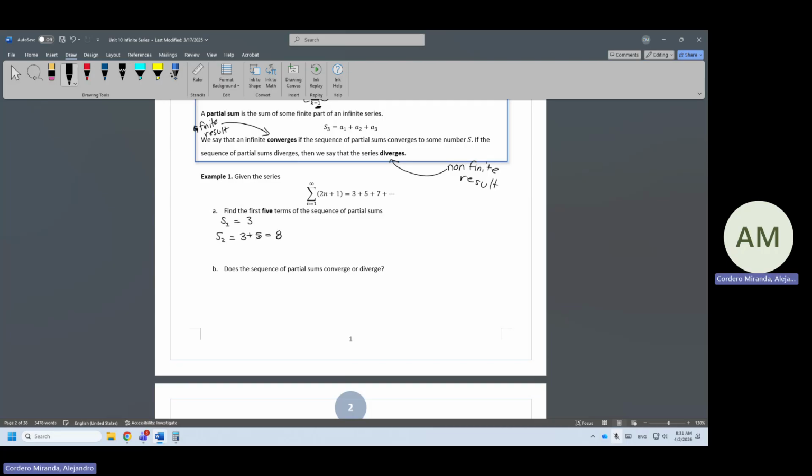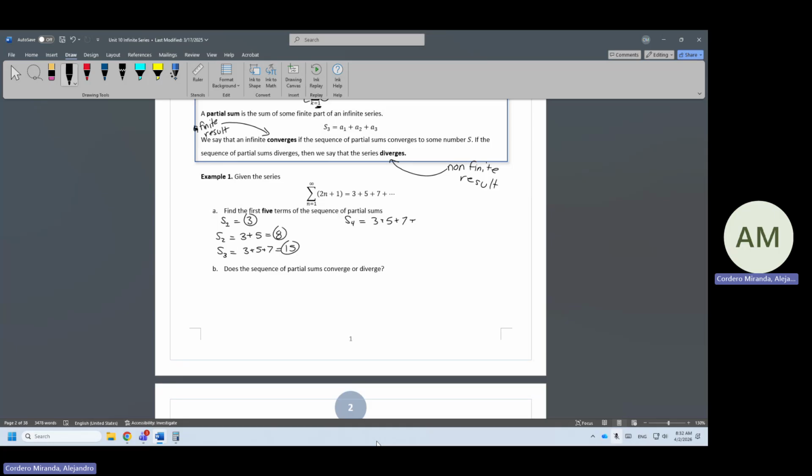Let me circle the final answer so that we can see if these are headed anywhere. The third partial sum would be 3 + 5 + 7. Take 3 terms and add them together, and that would be 15. Then the fourth partial sum would be 3 + 5 + 7 plus, you tell me what the fourth term would be, just to make sure.